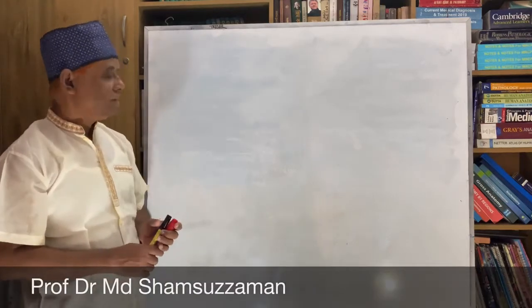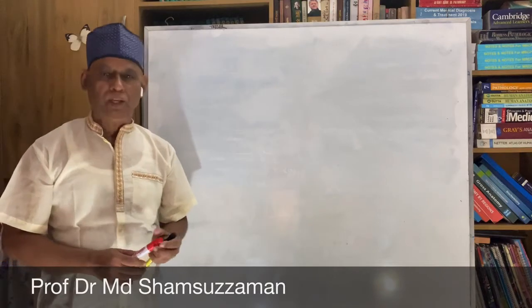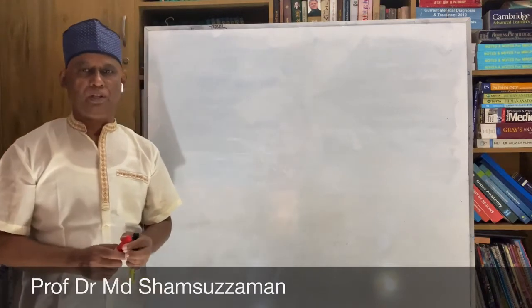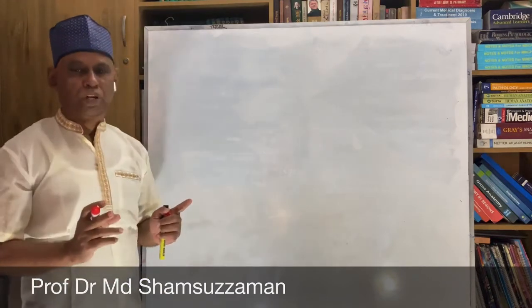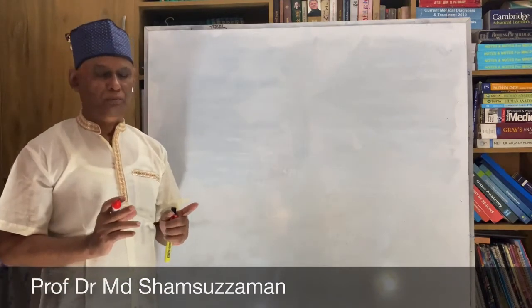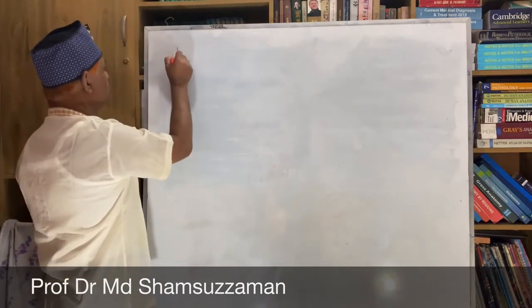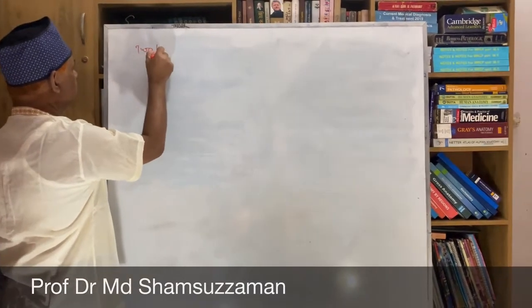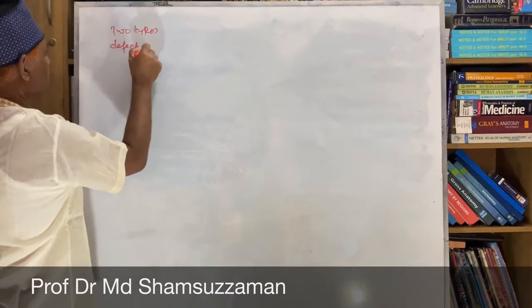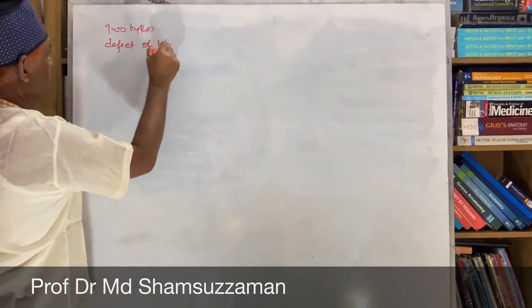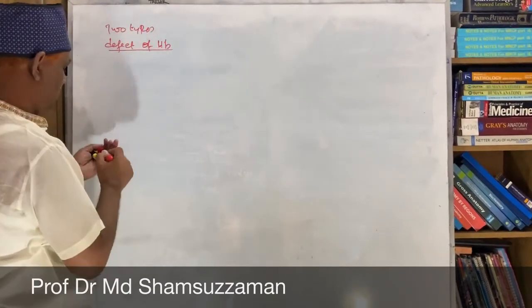In the last class, I told you about hemolytic anemia, especially thalassemia. I told you there are two types of defects of hemoglobin.